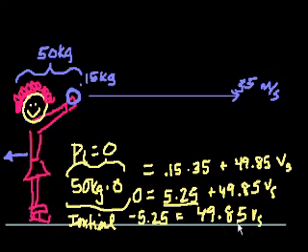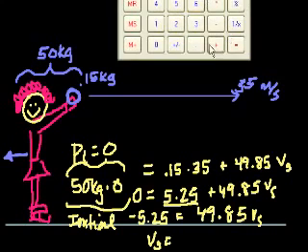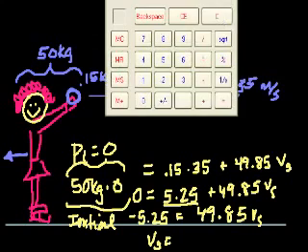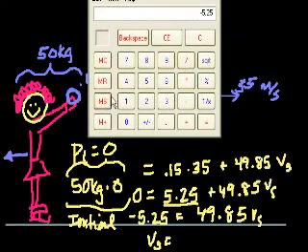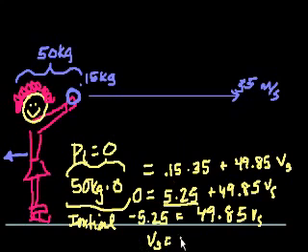To figure out the velocity, we just divide her momentum by her mass, so divide both sides by 49.85, and you get the velocity of the skater. Let's make this a negative number, divided by 49.85, equals minus 0.105.